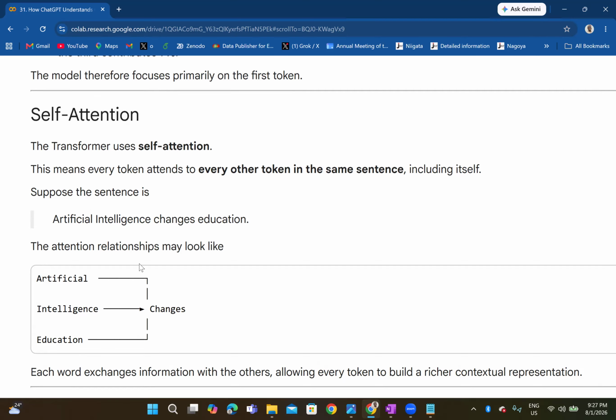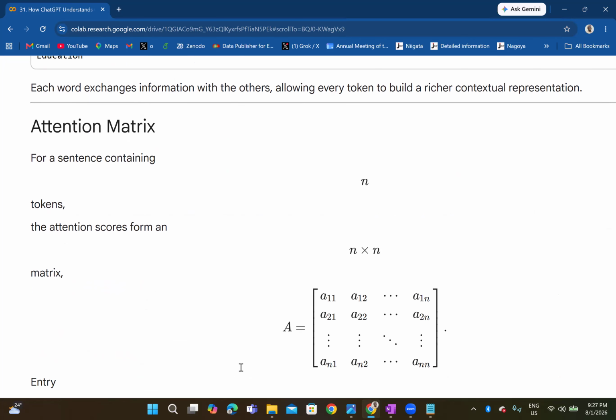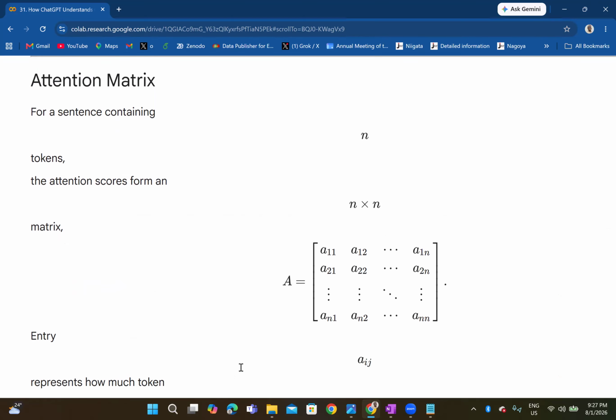So each word exchanges information with the others, allowing every token to build a richer contextual representation. You want to see the attention connection between every pair of words, and then we can have an attention matrix like this.